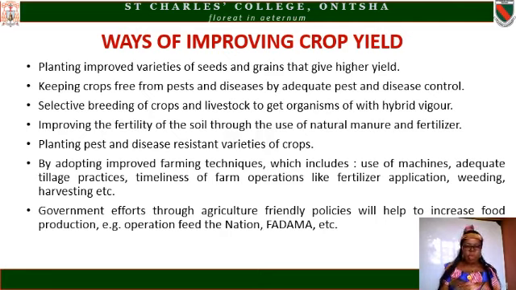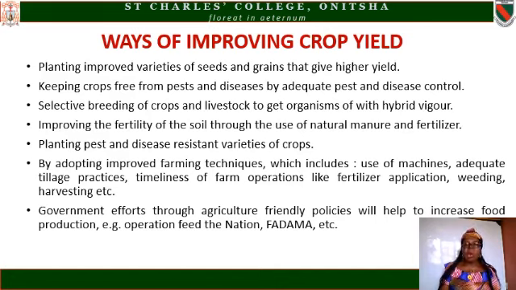The second one, keeping our crops free from disease and pests by adequate pest and disease control. The third one, doing what we call selective breeding of crops and animals to get organisms with high breed vigor.